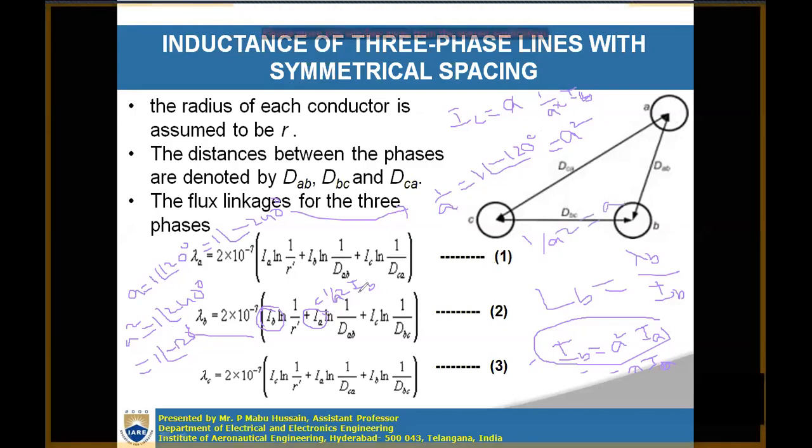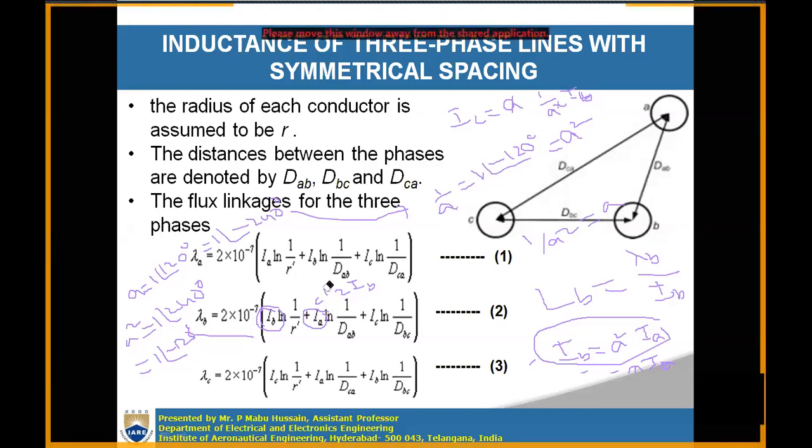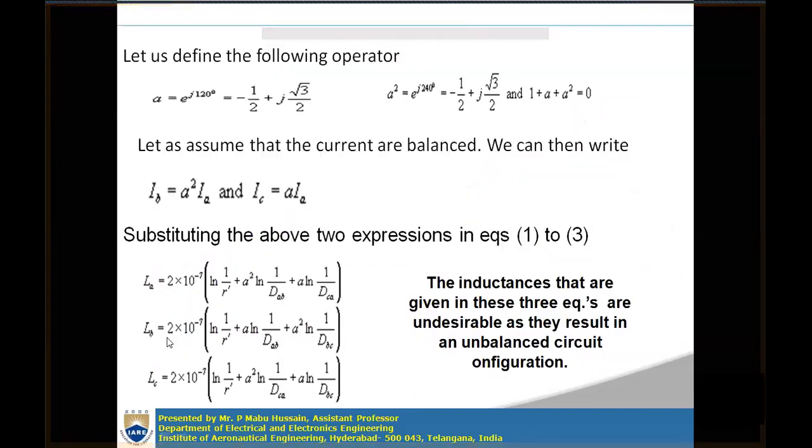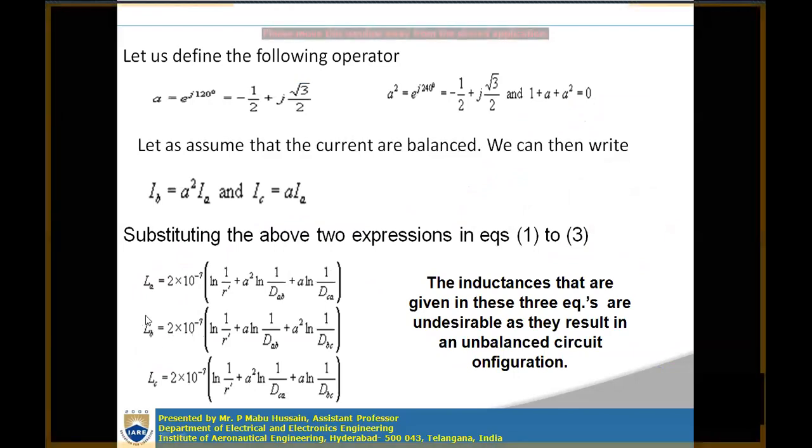Okay. So in place of 1 by A square, you can read A. So A into IB ln 1 by DAB. In case of IC, you are having IB by A. So 1 by A can be written as A square into ln 1 by BC, right? So then like that, when you write the final expression, that value will be 2 into 10 power minus 7. So you are writing the inductance expression, which is lambda B by IB.